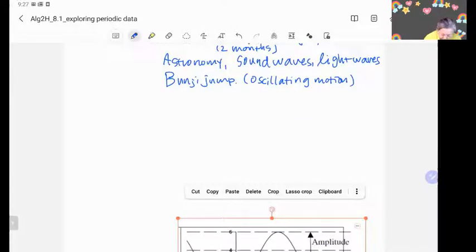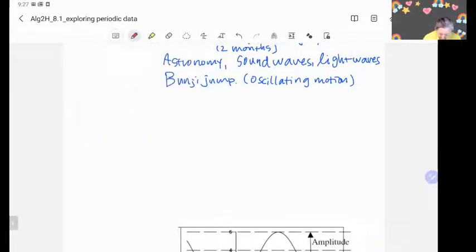For example, if we have some height changing, from the highest point to the lowest point, and it keeps the same range over time, then the situation can be graphed like this. So let's say this is how high it goes.